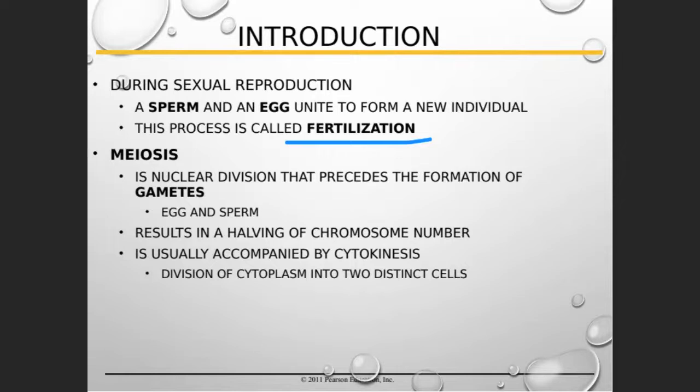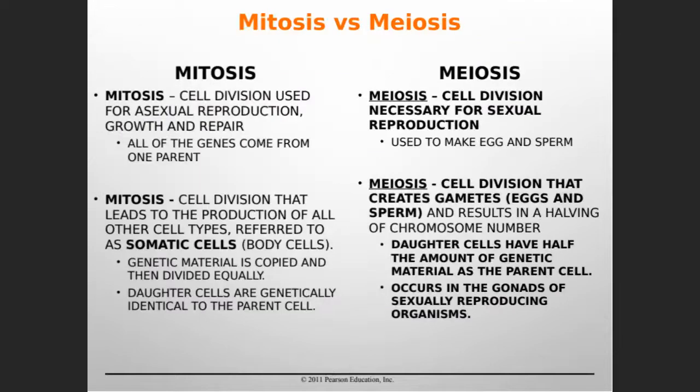So you're going to split again, that's cell division, the division of the cytoplasm into 2 distinct cells, right? Remember, this is a special type of division because when fertilization occurs, you're going to add those chromosomes in, chromosomes from the sperm and the chromosomes from the egg. If you haven't gotten rid of half of them, you're going to have too many chromosomes. We'll see later on, too many is not good.